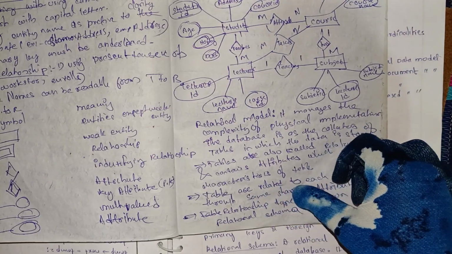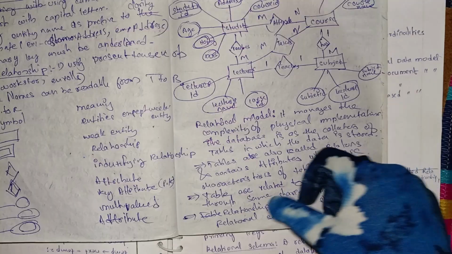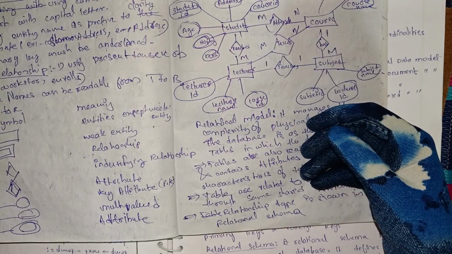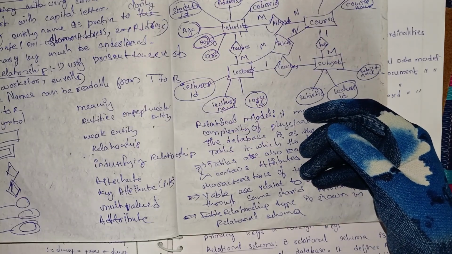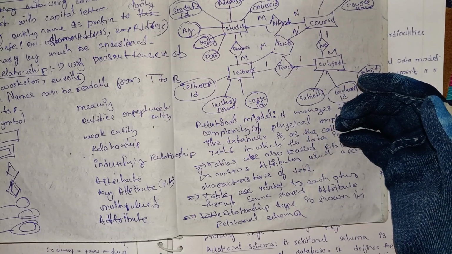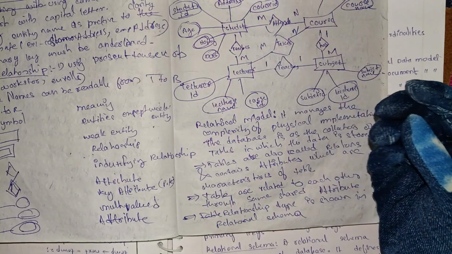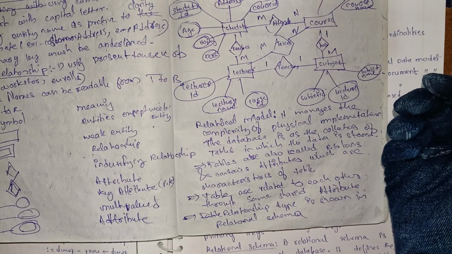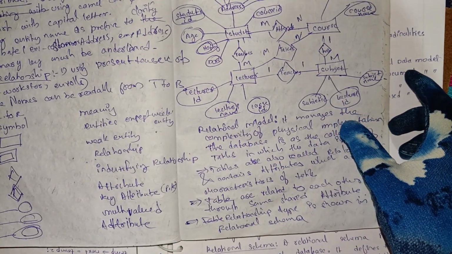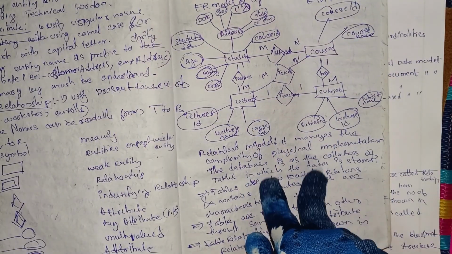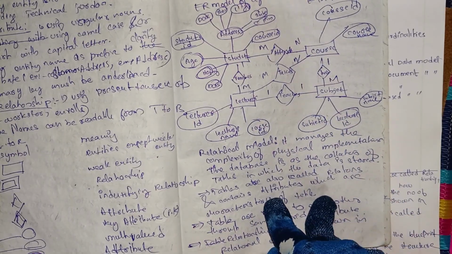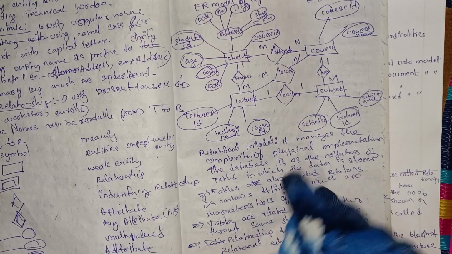The relational schema defines the columns of the table, through which we can define our relationship types, meaning how these two column names, student ID and course ID, are defined in the two tables.